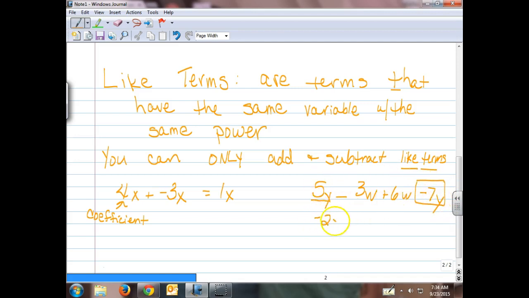Either way, it gives you a negative 2y. Then I have a negative 3w plus 6w equals plus 3w. This is the simplified expression of the original.